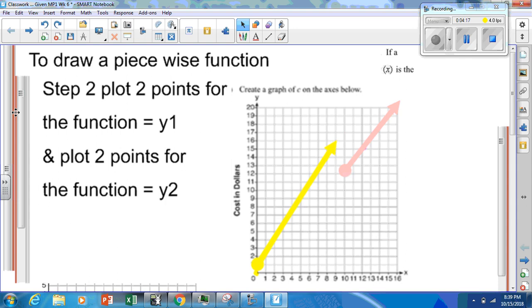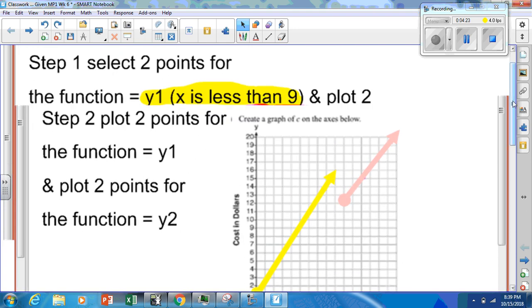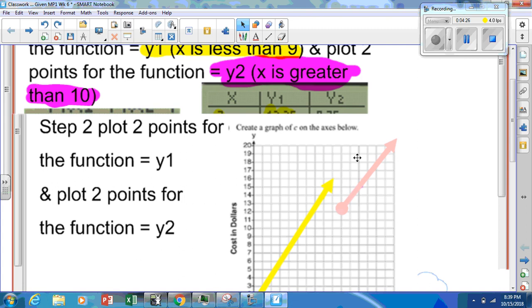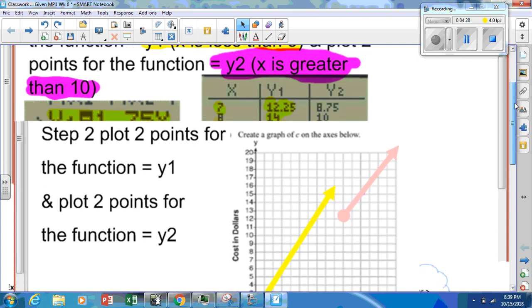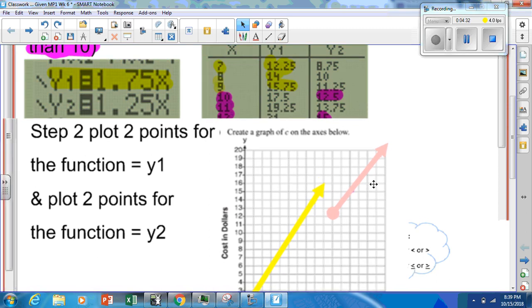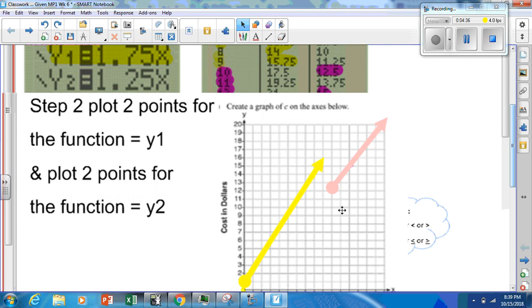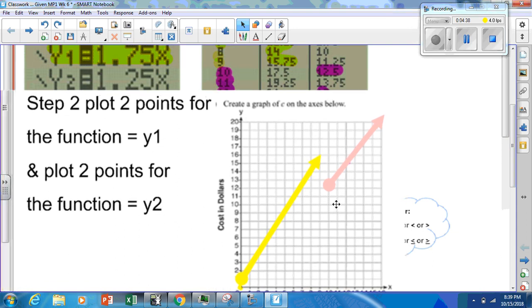So based on our information in step 1, step 2 allows us to make some graphic decisions. Let me see if I can get both of these pieces of information, because that's important. Okay. So using the table, I created this graph.